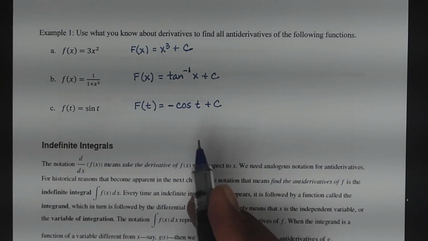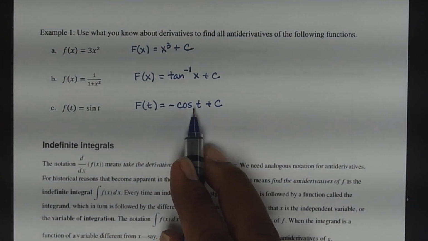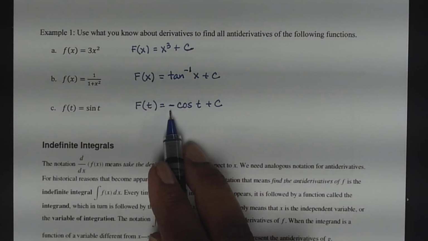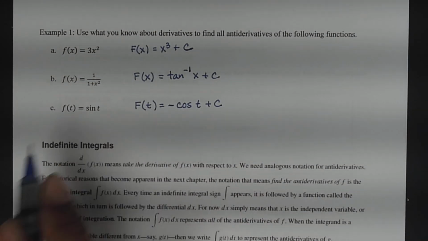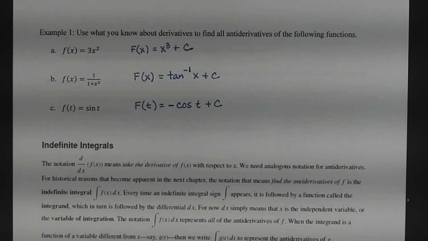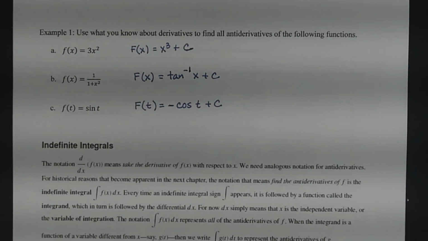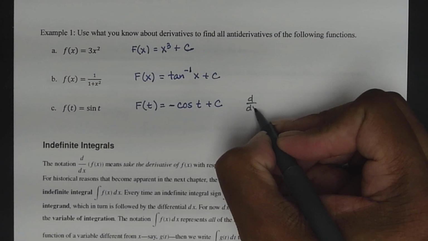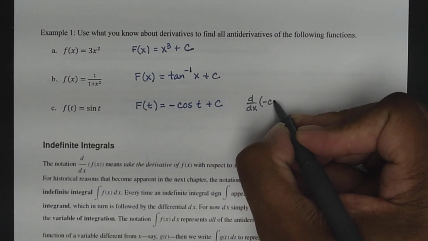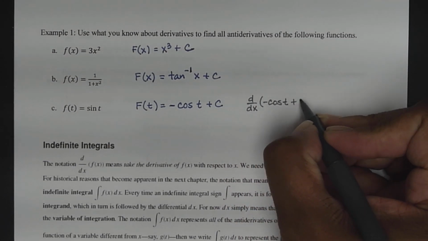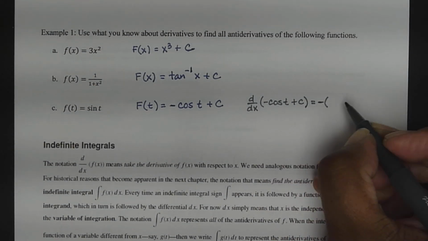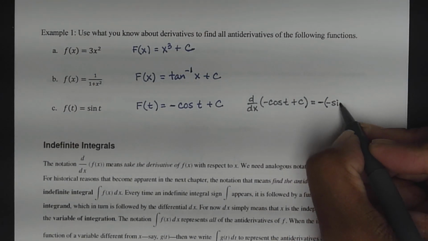And that is, if you were to take the derivative of the cosine of t, you'll get negative sine of t. But then that negative sine of t will give you back the positive sine of t. And I might want to go ahead and write this out so that way you'll see that if you take the derivative with respect to x of negative cosine of t plus a constant, bring this negative over, the derivative of the cosine of t is negative sine of t.